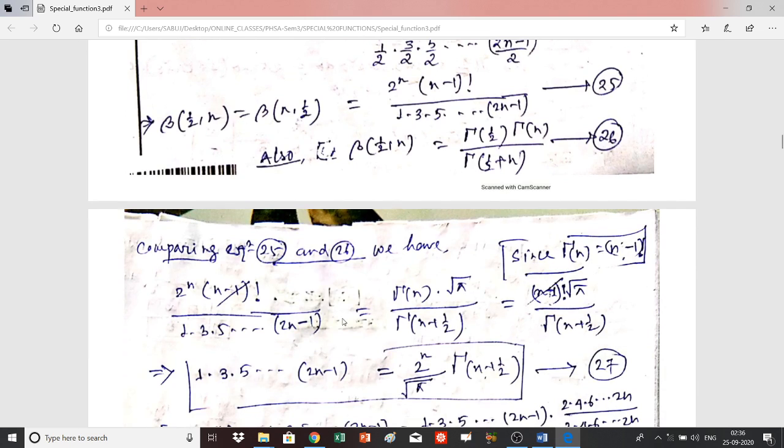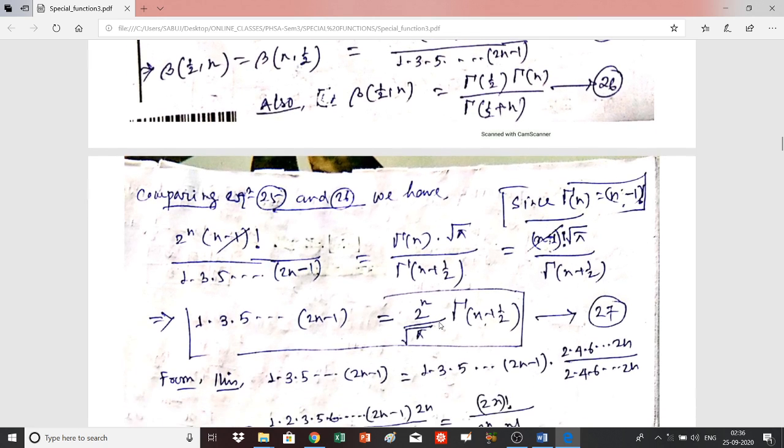Now from equation number 25 you can write 2 to the power n, then n minus 1 factorial is here, then the denominator is written as it was in equation 25, and now that will be equal to gamma n from here, and you know that the value of gamma half is square root pi. So this is here, and from here gamma n plus half.